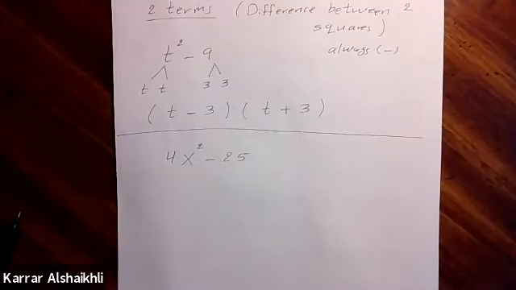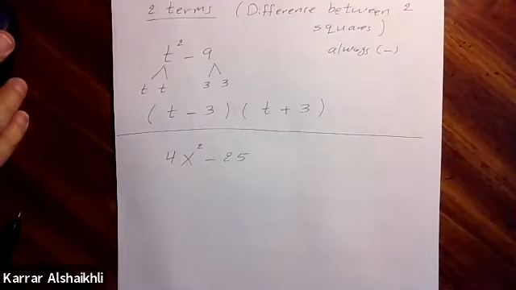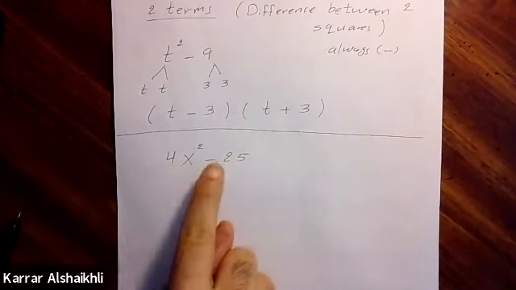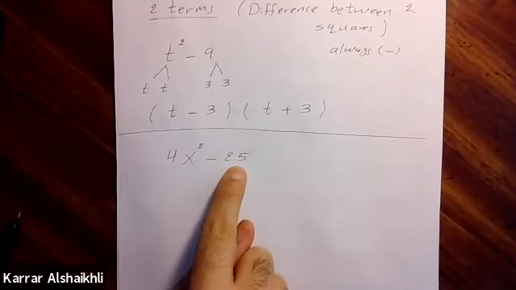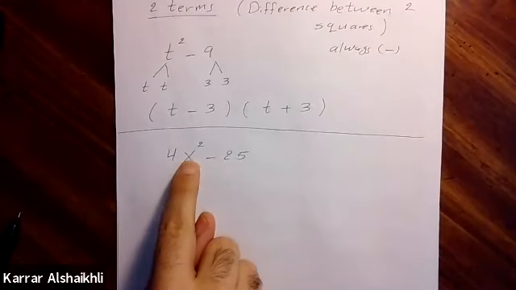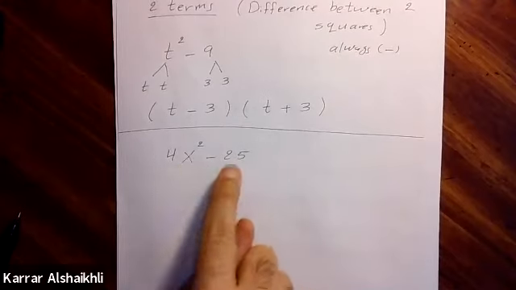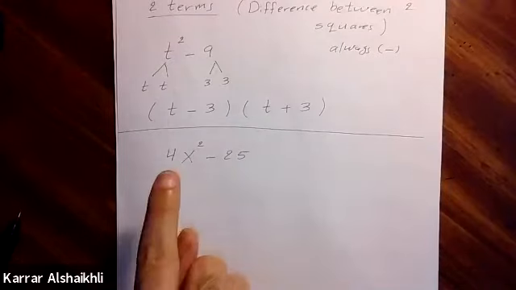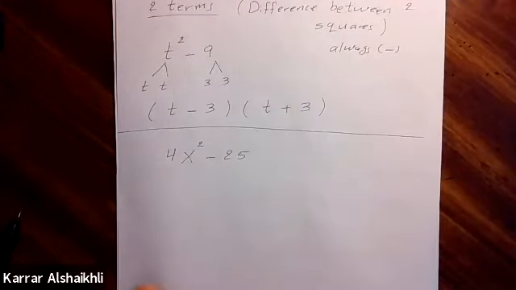Always keep in your mind, check if there is GCF or not. So if you check this one, there is no GCF between 4 and 25. And we have x squared here, but there is no x here. That means there is nothing common with the variables, and nothing common with the numbers. I'm going to step 2.